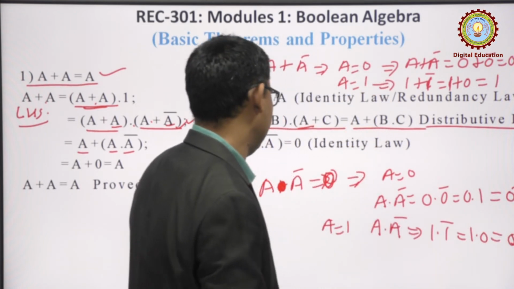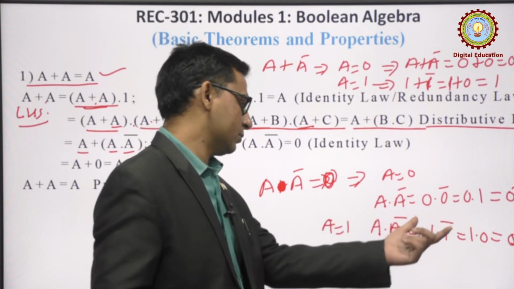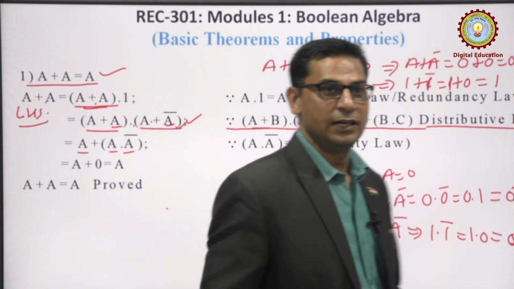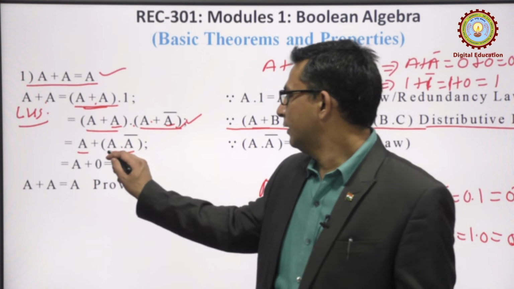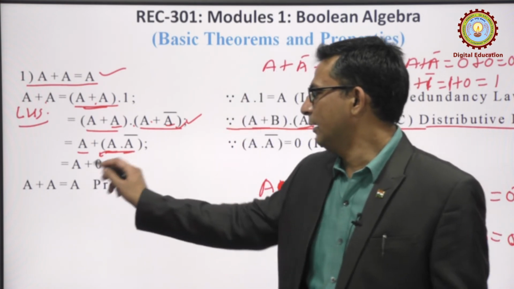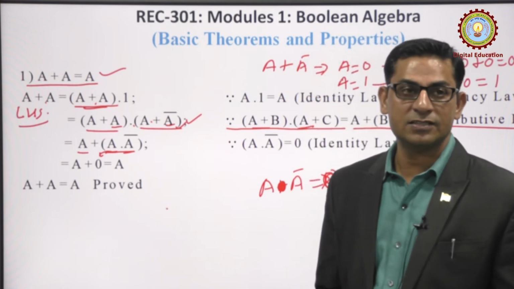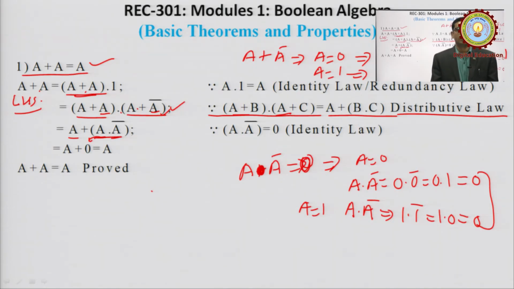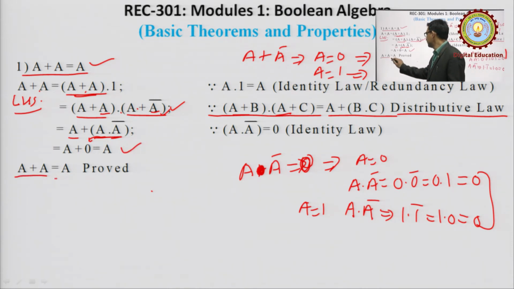So we can say A dot A bar is equal to 0, which is why I write this as 0. A plus 0, we know, is equal to A. So it has been proved that A plus A is equal to A.